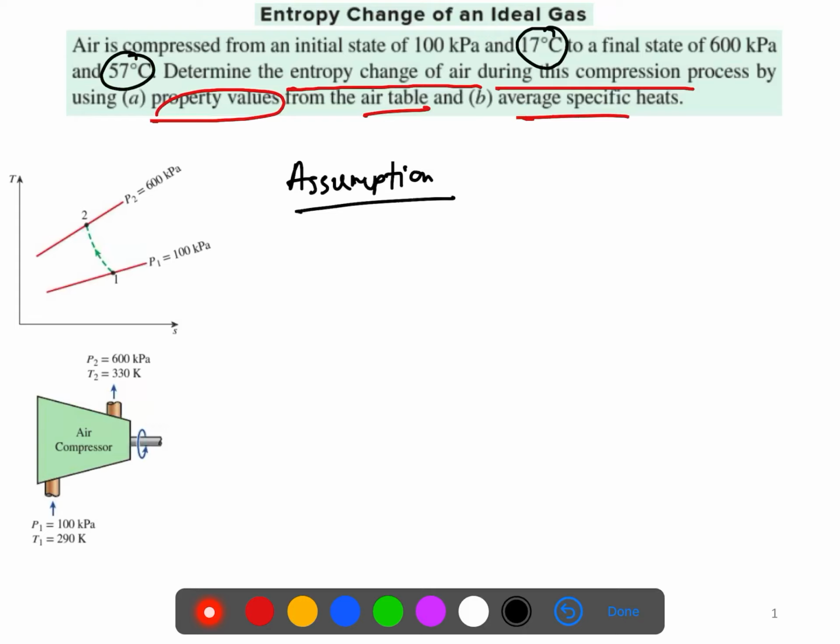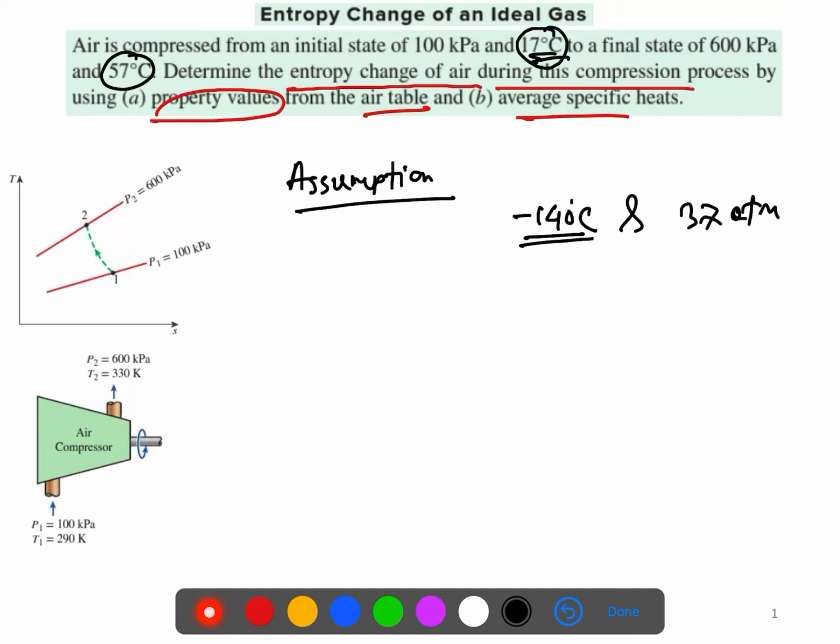You know, the critical temperature of air is minus 140 degrees centigrade, and the pressure is 37 atm. So here we have high temperature compared with this critical value of the air, and low pressure.